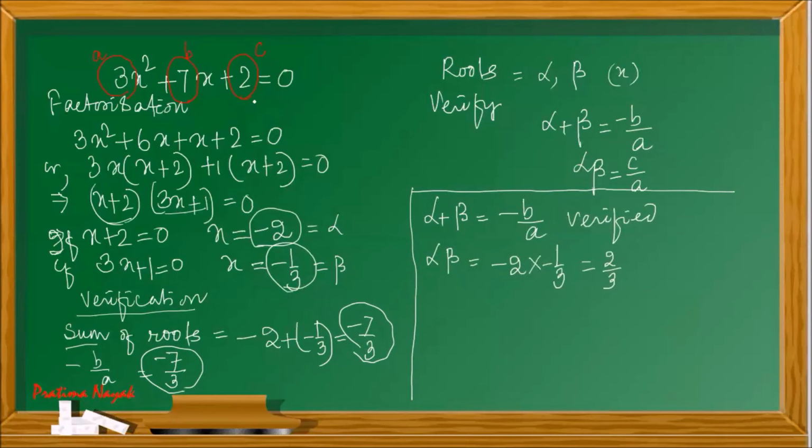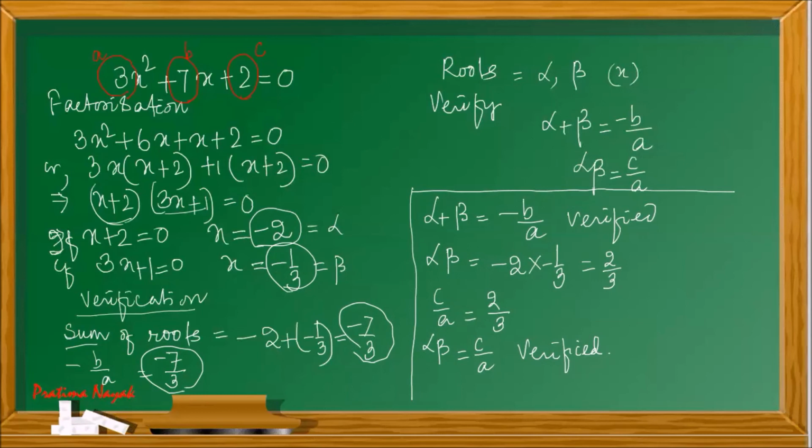C is 2, a is 3. So c by a is equal to 2 by 3. So I'll write alpha into beta equals c by a, verified. So you may also get the question to verify the relation between roots and coefficients. Okay.